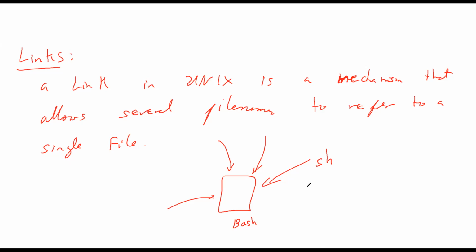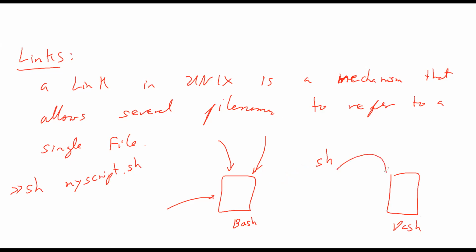And all that file does is point to the actual file. So why is this useful? Whenever you run things, you probably just want to say sh my script, but maybe you use bash and a new one comes out called dash. So instead of having to change everything, you can break the link and create a new link to dash.